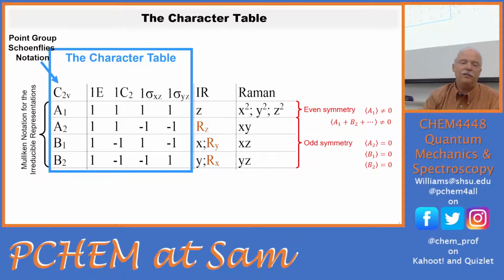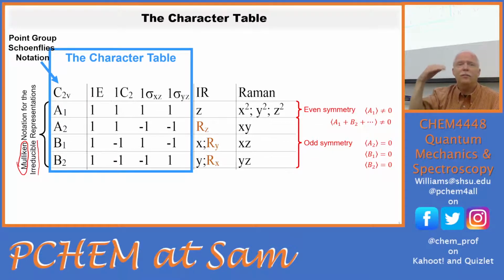These things here on the left, the rows are labeled with what we call Mulliken notation. So I've talked about that already, but here it is spelled out. M-U-L-L-I-K-E-N, Mulliken notation. And they're also called irreducible representations. This gets into a longer, more involved mathematical discussion, but these are essentially like unit vectors, if you want to think of it that way. They're orthogonal to each other.